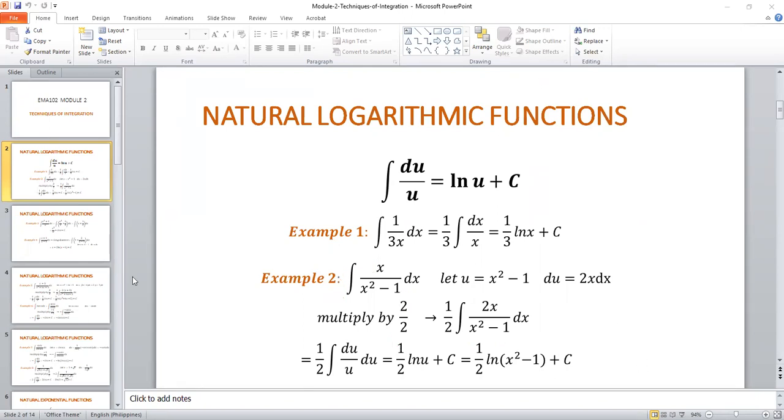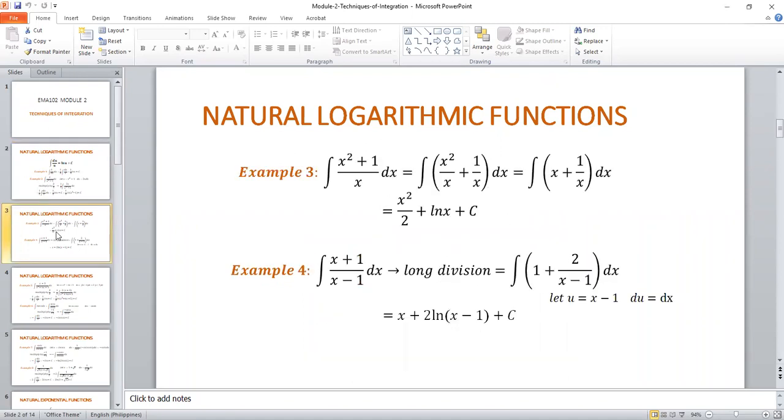So we proceed to the second set of examples. In here, you notice that the degree of the numerator is greater than the degree of the variable in the denominator. What do I mean by degree, class? It's the highest exponent to which your variable is raised. This one is squared, this one is 1.